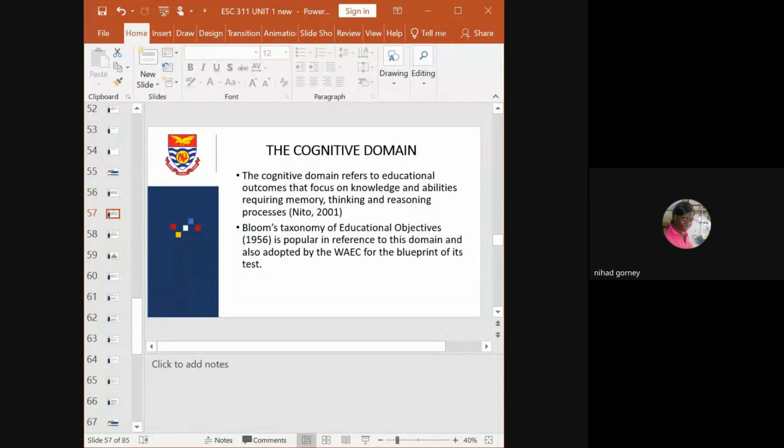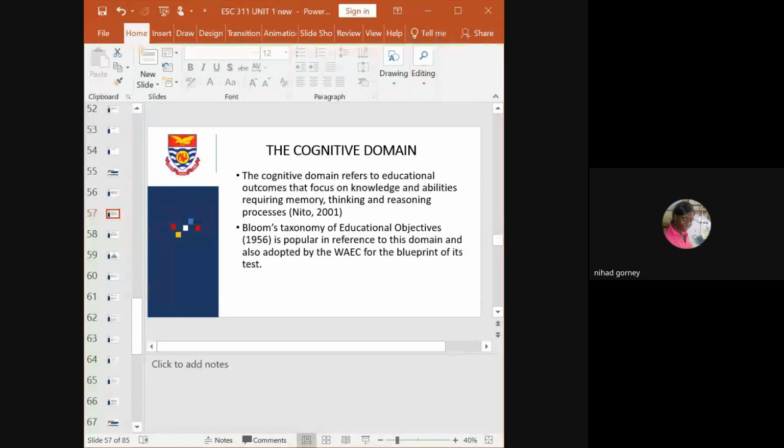When it comes to the cognitive domain, they are the outcomes that focus on knowledge and abilities that require the brain, in terms of memory, thinking, and reasoning processes. The cognitive domain refers to educational outcomes that focus on knowledge and abilities requiring memory, thinking and reasoning. And we see all these things are happening in our brain.